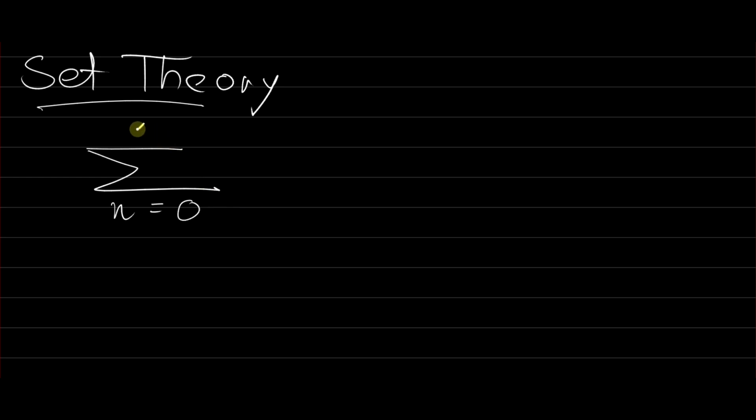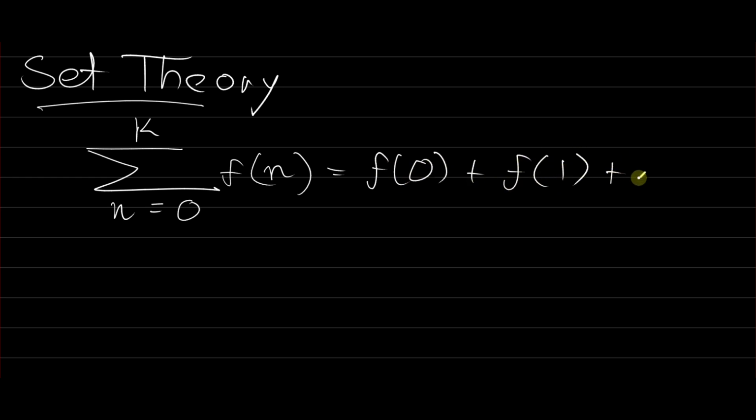We take an ending point, let's say big K, a constant. And then we take an arbitrary function, f of n. This is equal to f of 0 plus f of 1 plus f of 2 and so on till f of K.